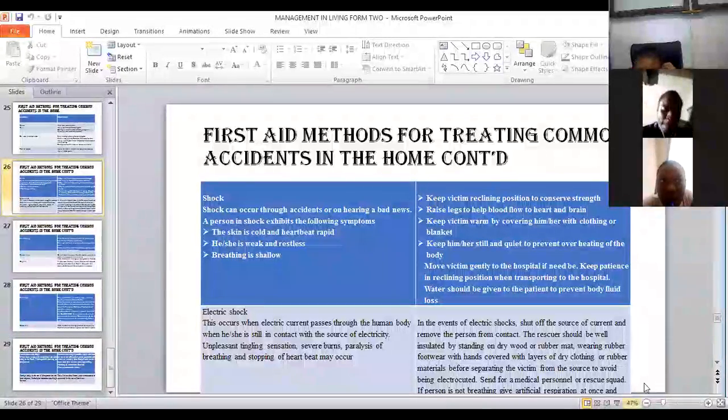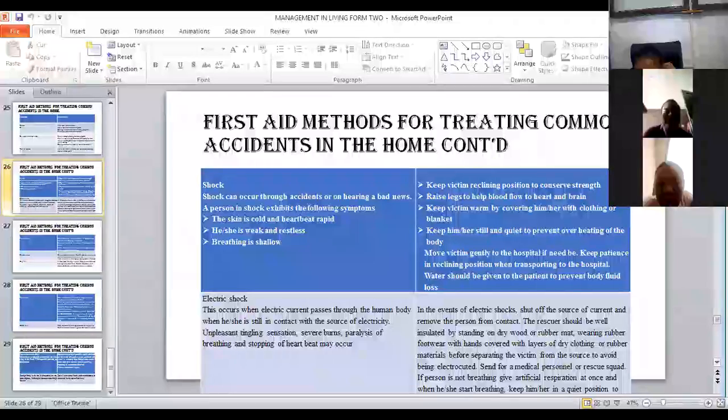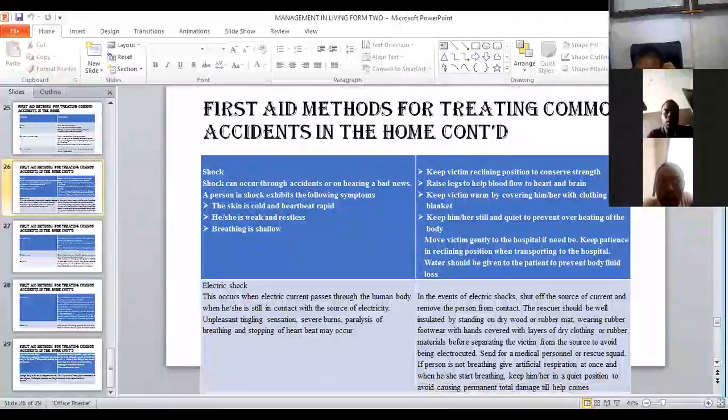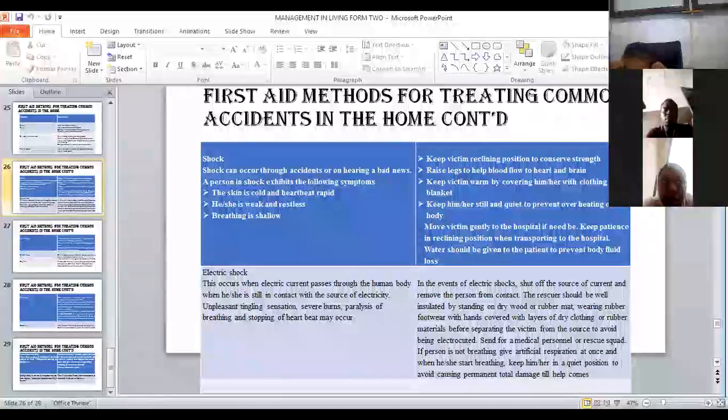And if the person is not breathing, they are saying you should give artificial respiration at once. And when he or she starts breathing, you keep him in a quiet position to avoid causing permanent total damage till help comes.